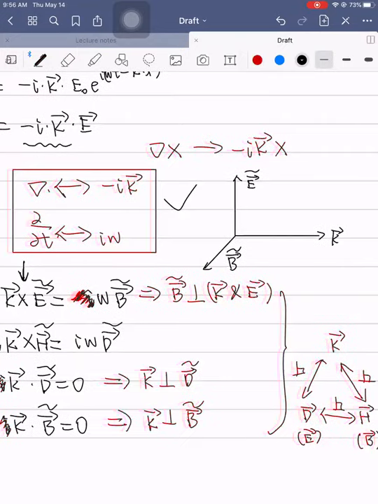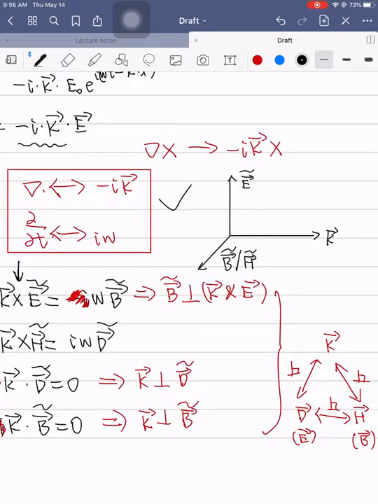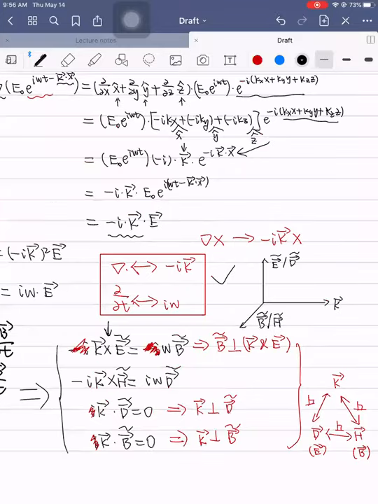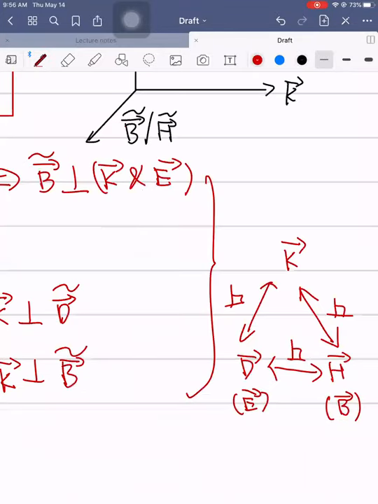Or E, whatever, just different quantities. So let's look back to this triangle relation.